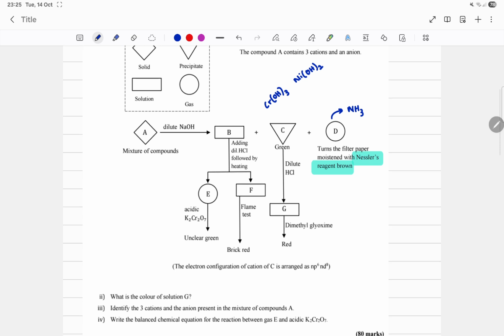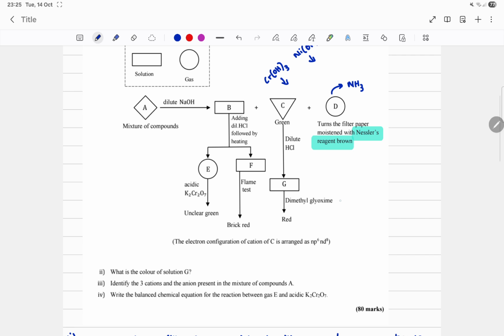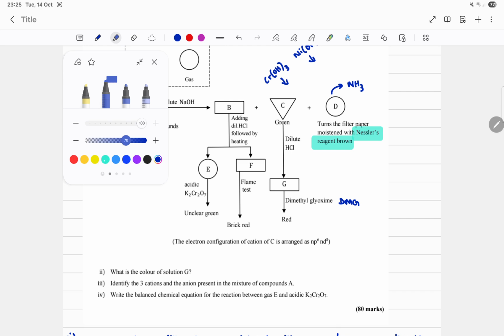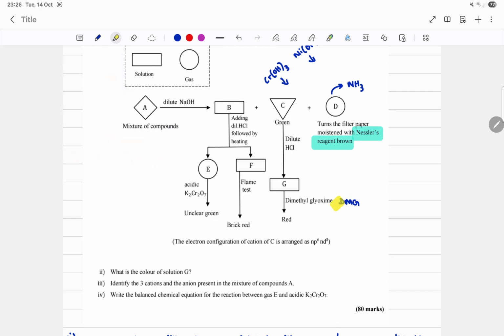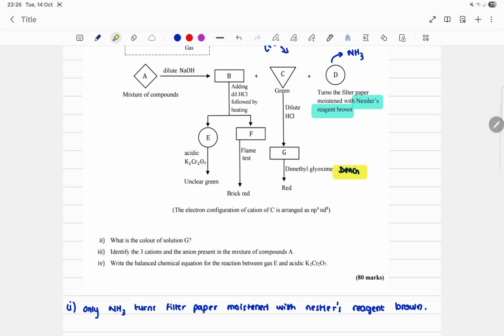Now I add dilute HCl. When I add dilute HCl, they become aqua complexes, and then dimethylglyoxime, we call this DMG. Careful, listen. DMG is a characteristic.